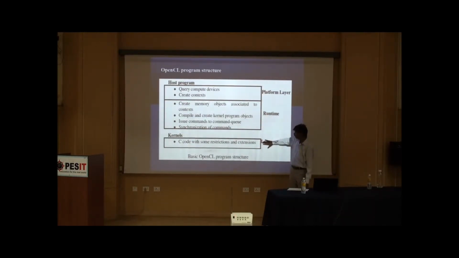The last part of the API is your kernel language. When I said there's a runtime compilation unit or online compilation, somebody has to compile, right? Who has to be there to compile? There should be a compiler. So if there is a compiler, there should be someone to understand the syntax, parse it, and generate the code, the binary object.